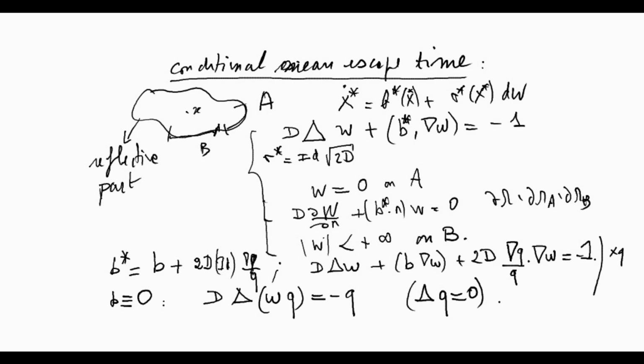So this is the solution, the reduced Laplacian equation for the mean first passage time of the conditional process, where WQ by definition should be equal to 0 on B because W is finite and Q is 0, and WQ is also equal to 0 on A, simply because Q is 0 and W is 0.